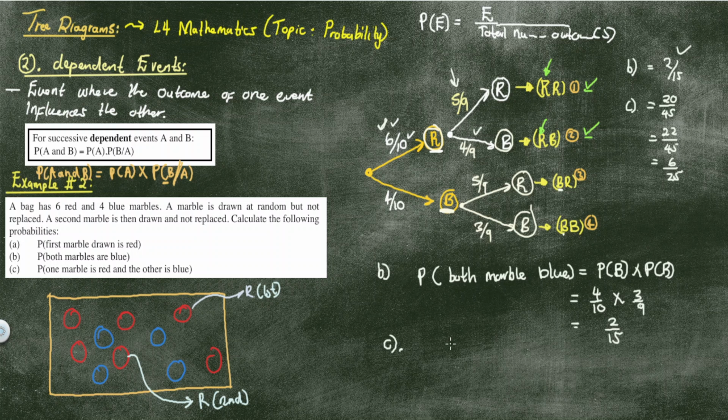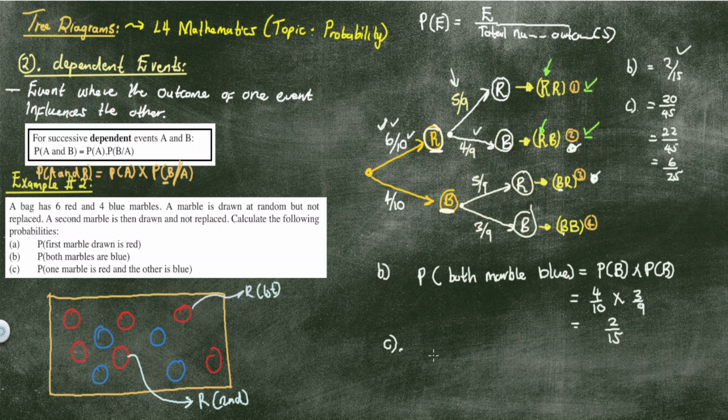Then C. Alright. Which branches did you say? Use branch number 2 and branch number 3. Which branches did the others use? Our answers are not the same. I used just the first event branches only. Okay.